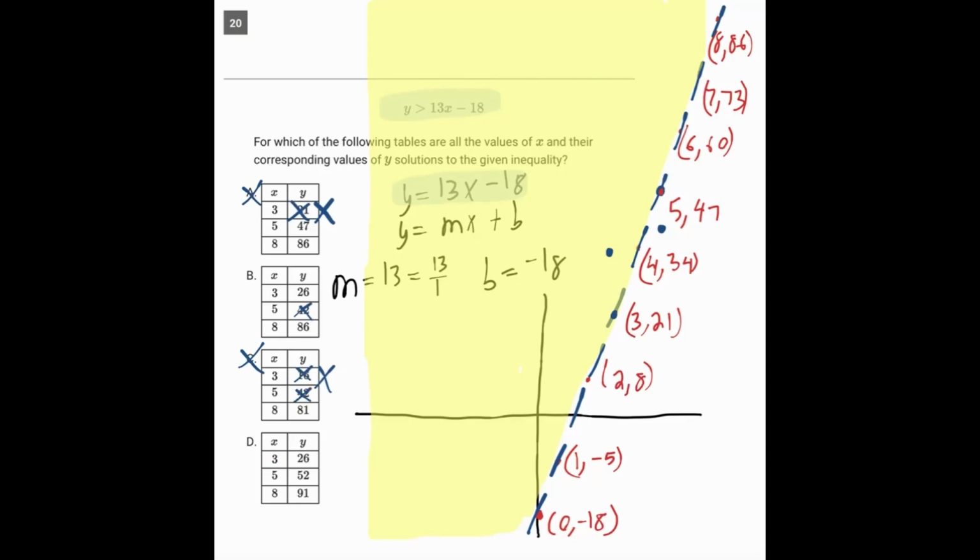But the (5, 42) is out, and that also removes answer choice B for us. And so the only one where we haven't yet found any points that don't fit is going to be D. But let's confirm those points. We've got (3, 26), which is like right here, (5, 52), which would be above (5, 47), and (8, 91), which would be somewhere above (8, 86). So the answer here is D.